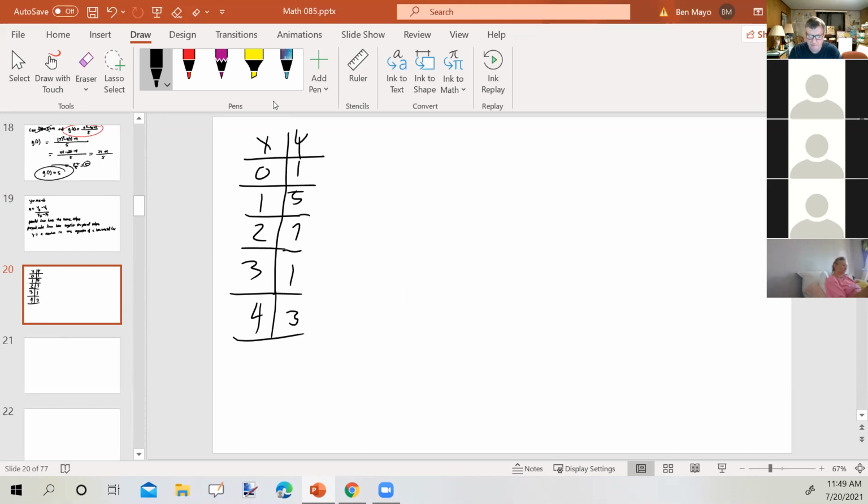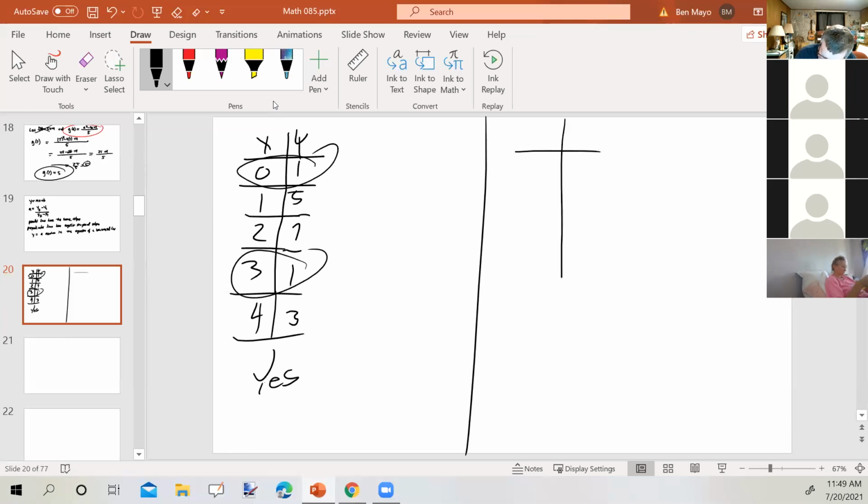Function or not? Yes. You can have two inputs with the same output, just like you can have two people with the same birthday. So yes, that is a function.